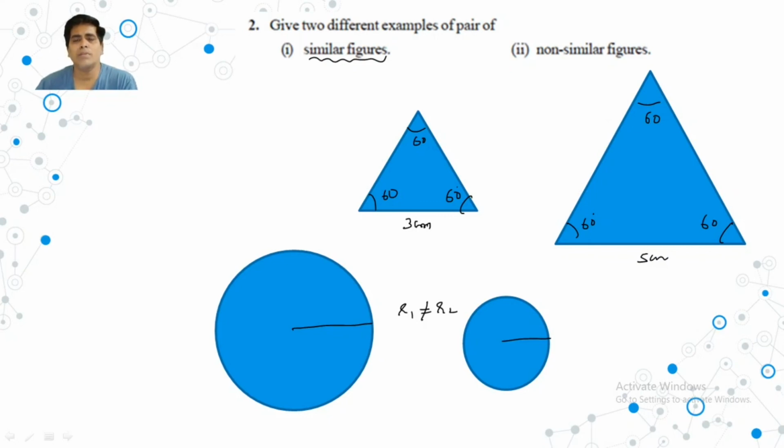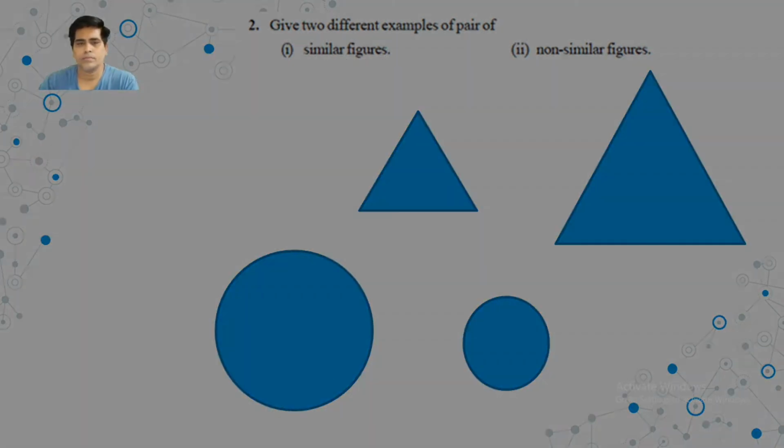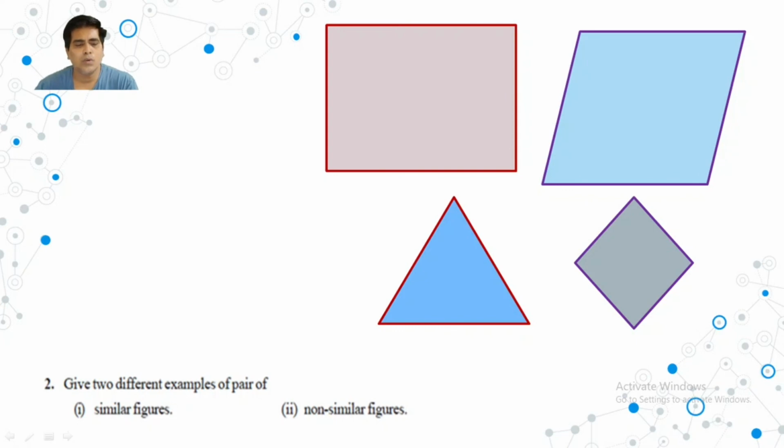Come to the non-similar figures. Give two different examples of pairs of non-similar figures. Clearly you can see the first one is a rectangle, the second one is a parallelogram. So definitely both are not similar figures. In the second example, one is a triangle and one is a quadrilateral. Again these are non-similar figures.